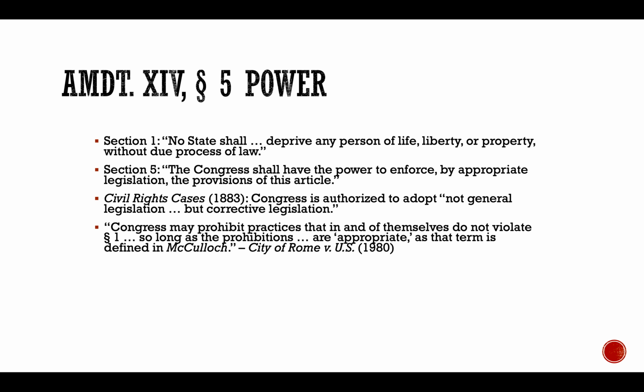So, although the civil rights cases said that Congress is limited to passing corrective or remedial legislation, the court 100 years later said that legislation, although yes, it has to be corrective or remedial, it doesn't have to be limited to preventing exactly what is prohibited by Section 1. It can be a little more encompassing, so long as its goal is to prohibit the states from violating Section 1.